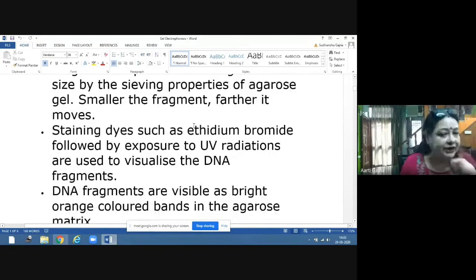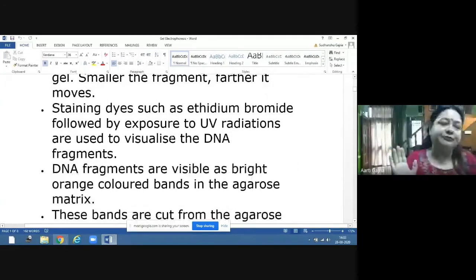We use it to see the fragments in the agarose gel, because otherwise we cannot see them. These fragments are also not visible under visible light, so we have to use ultraviolet radiation.